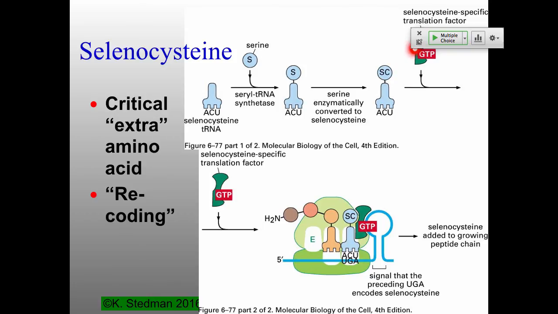Then there's a third protein which associates with this specific tRNA and brings it into the A site of the ribosome only if there's one of these extra structures which are here.